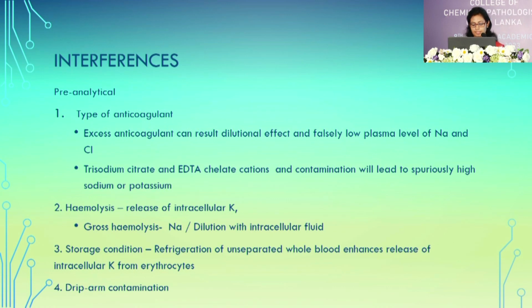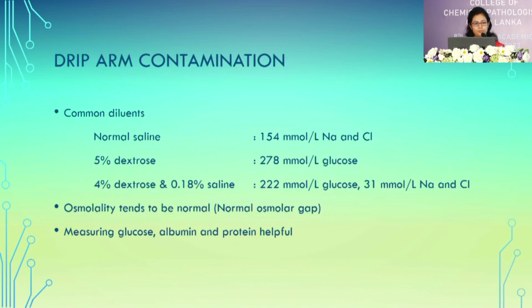Drip arm contamination is another pre-analytical interference that we sometimes see in our results. So remember, these are the IV fluids which we use in the hospital setup. So normal saline has around 154 millimoles of sodium and chloride, and 5% dextrose has glucose, and 4% dextrose and this 0.18 saline has both glucose and electrolytes.